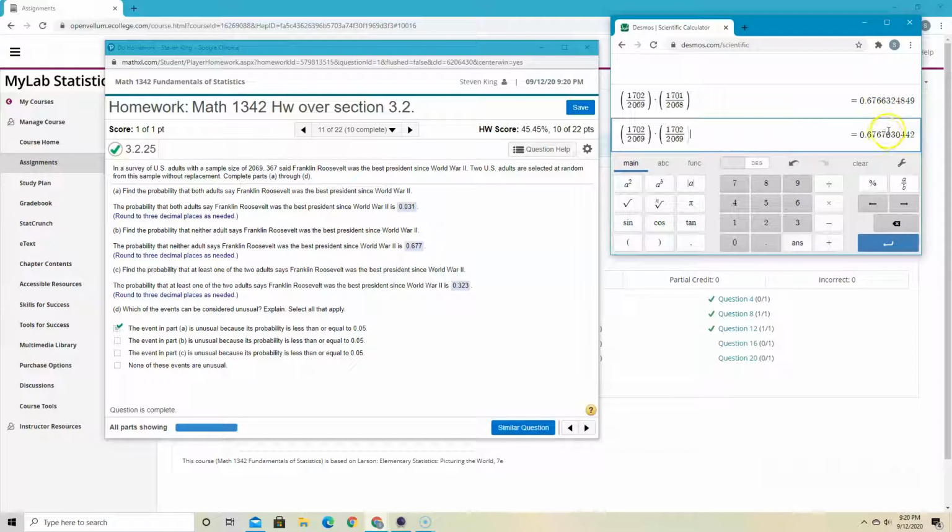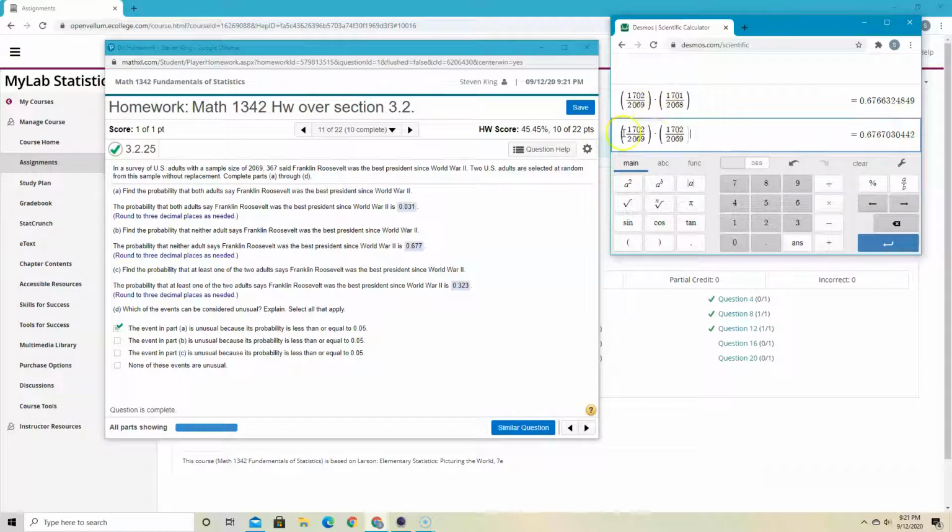It changes it when you get to the fourth digit. So on this problem, if they said round to 3 digits and we would have made this mistake, it wouldn't have impacted our answer. If they would have said to 4 digits, then it would have impacted it.